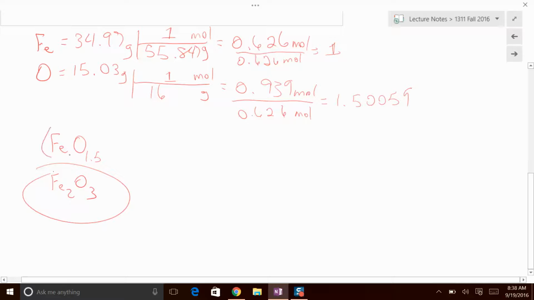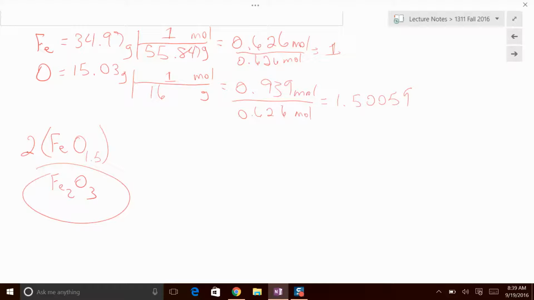We multiplied this whole thing by 2 so that we could find the actual formula, the empirical formula here. This is my empirical formula, Fe2O3. That's still not that thing called balancing. Say it again? Balancing or equation. No, this is not balancing.